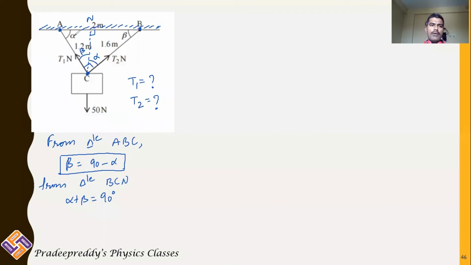Okay. Now let us take this point C and plot free body diagram at point C. So if I plot free body diagram at point C, these are the forces acting. One is downward, 50 Newton, and this is tension T2, and this is perpendicular to this exactly.